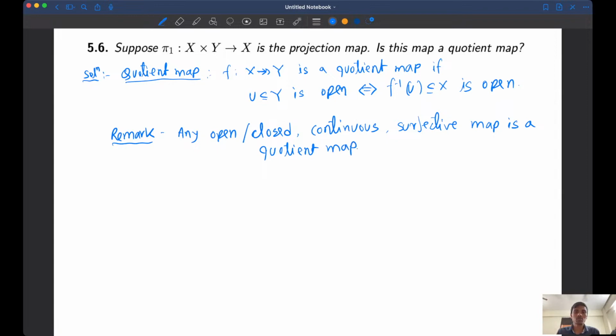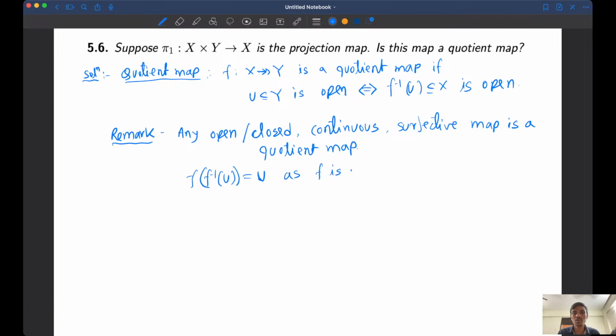It is almost easy to prove. Given that f is surjective, f of f inverse U is always U. Suppose you are given f inverse U is open; the continuity part implies that U open gives f inverse U open. For the converse, if f inverse U is open, then f of f inverse U is open, but as f is surjective, f of f inverse U is U, and that implies U is open.